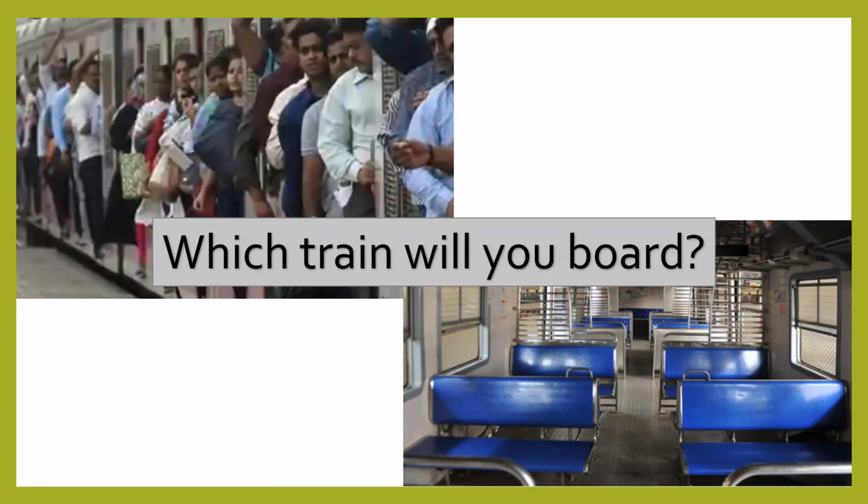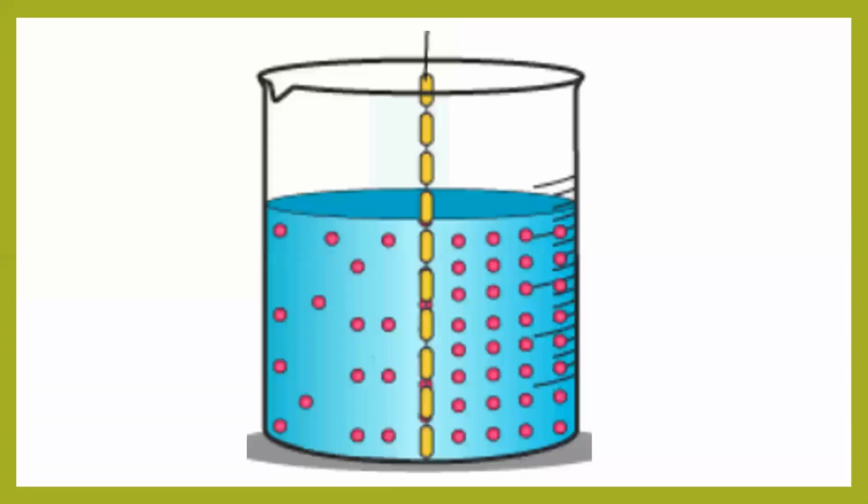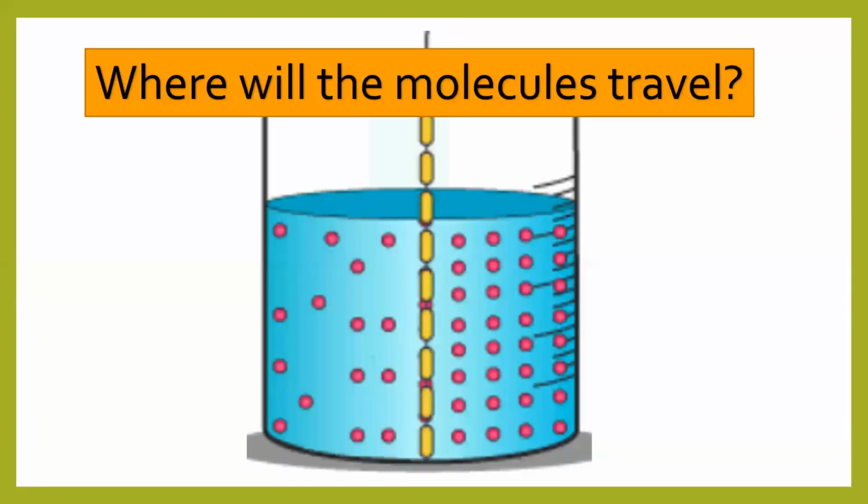If I'm comparing us humans to that of molecules, tell me, in this case, where will the molecules go? Will they go right to left or left to right? Very good. Now I'm getting all correct answers. Where is more crowd? Crowd is present on the right hand side. So will molecules prefer to go into a crowded area?